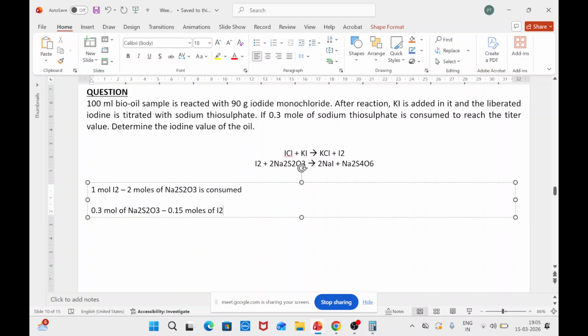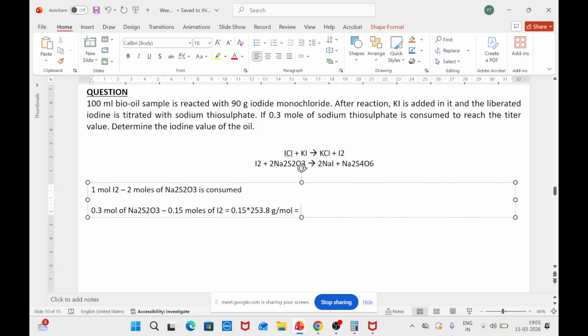I hope this is not difficult. For 1 mole of I2, 2 moles of Na2S2O3 is consumed. If 0.3 moles of sodium thiosulfate is consumed, then that is 0.3 by 2, which is 0.15 moles of I2. Now, what will be the mass of 0.15 moles of I2? I2's molecular weight is 253.8 grams per mole.